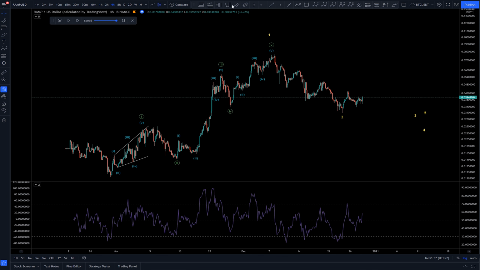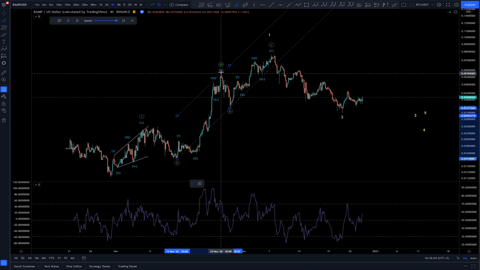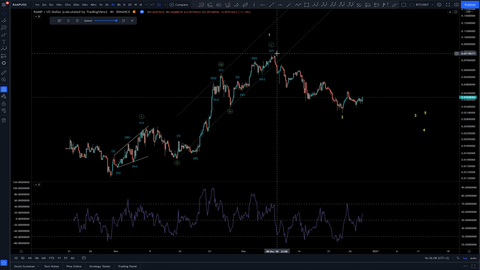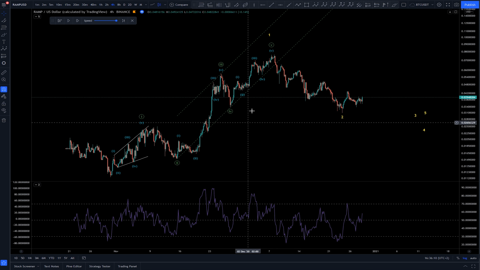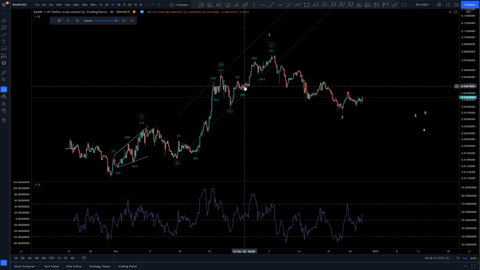Then after the 4th is found, you pull out the channel from 2 to 4 and then to the 3rd, and this would be the final channel to look for 5. On this one, again, it didn't have volume to push higher.